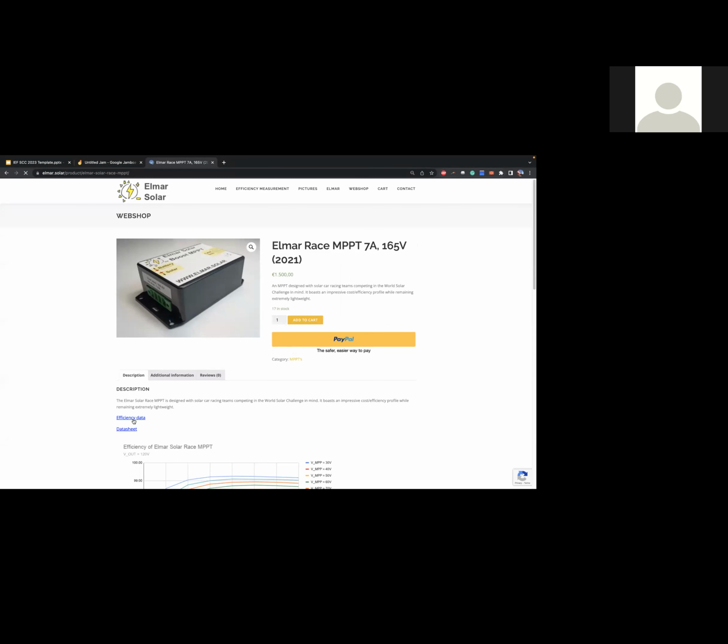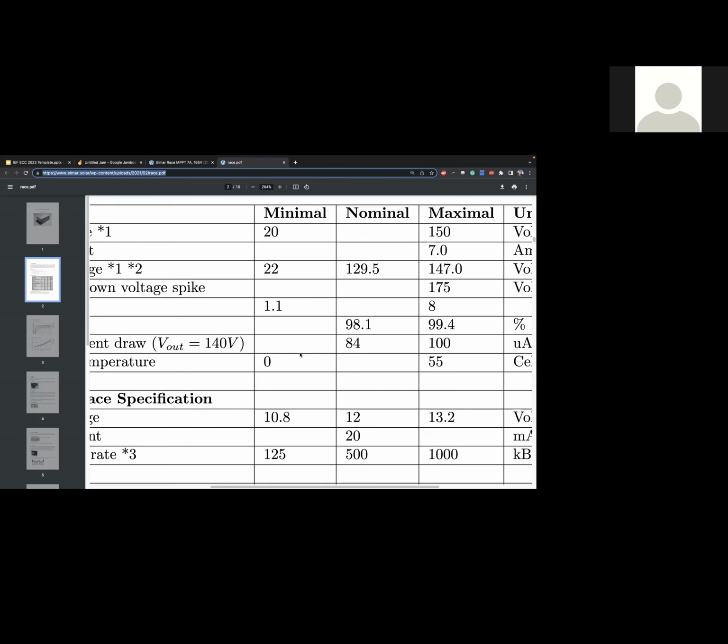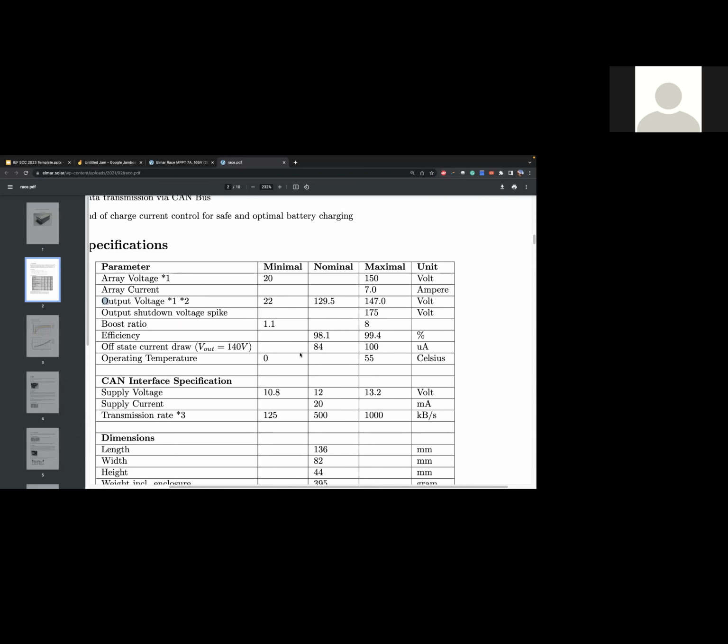In the data sheet I have this number here. Can you see? So there's array voltage, array current, output voltage, which the maximum should be matched with your maximum battery voltage. But there's also this other one, output shutdown voltage spike.